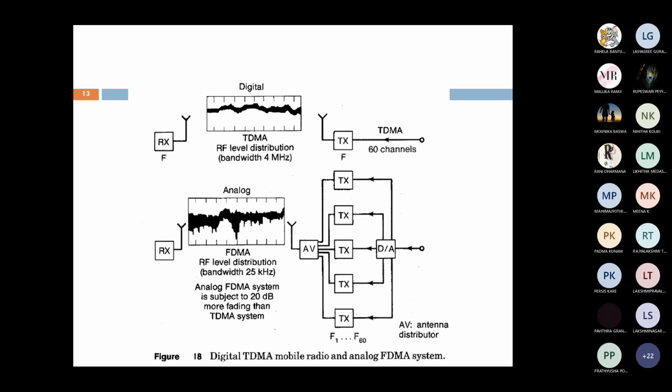Nothing but 60 transmitters are required. Then it is connected to an antenna distributor, which transmits into space, and then the signal is received. That is the difference between TDMA and FDMA: in TDMA, a single transmitter is enough for all 60 channels, but in FDMA, 60 channels require 60 transmitters.